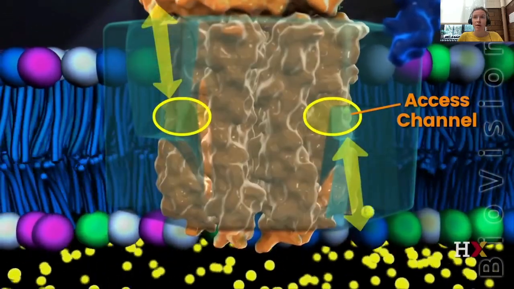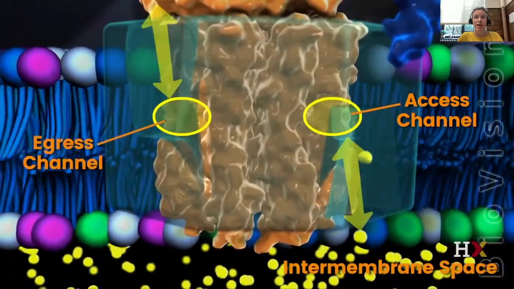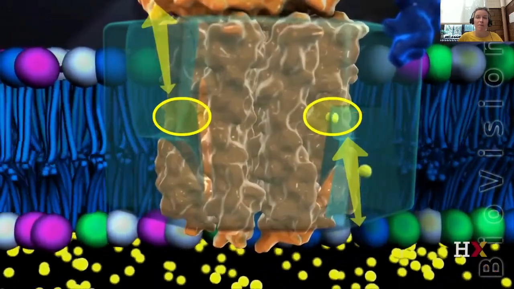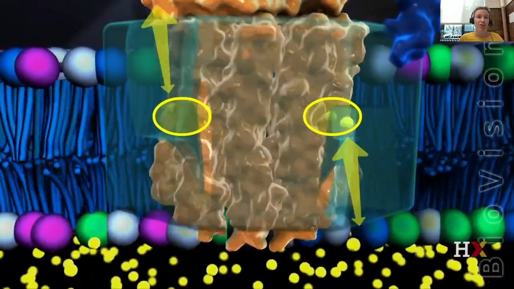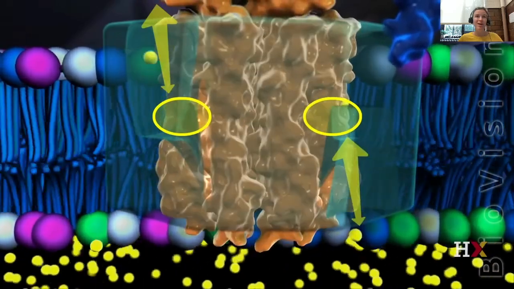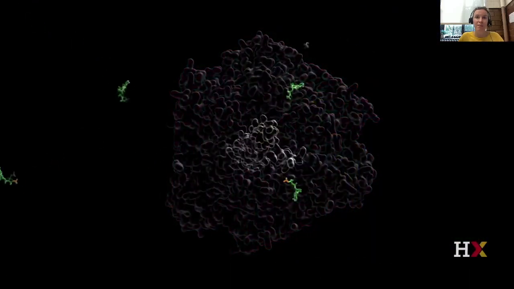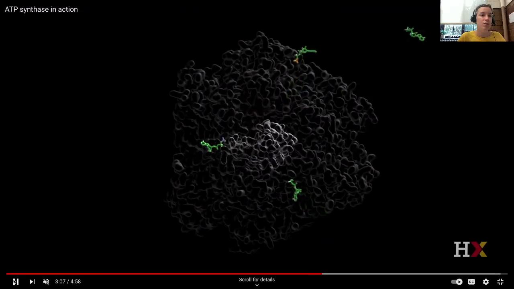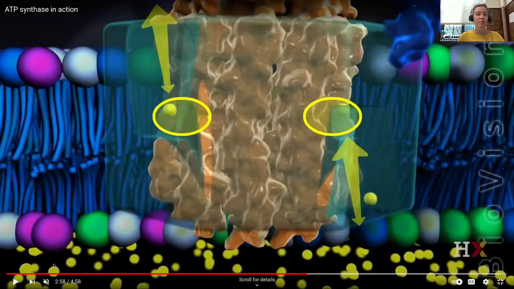Those protons come in through the access channel and are grabbed up by that aspartate because of the difference between the pKa and the pH. As those aspartates rotate through, the protons are eventually released into the matrix again because of the difference of pH and pKa. I'm going to pause the video real quick here because it was moving just a little bit too fast for me.